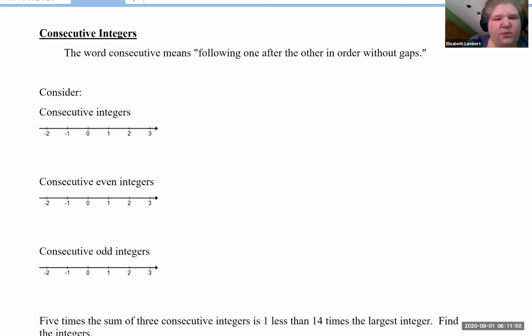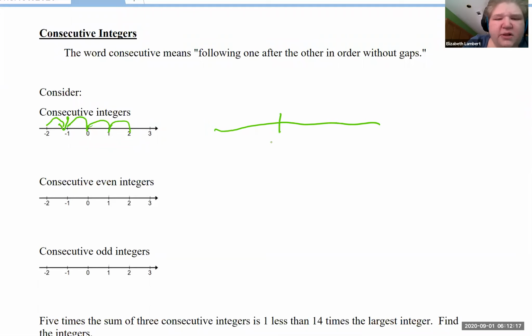So here's the idea. When I look at consecutive integers, one right after the other, -2 is an integer, -1 is an integer, and it would be the consecutive one from -2. So what we want to look at is, how do I go from one to the next when they're consecutive integers?